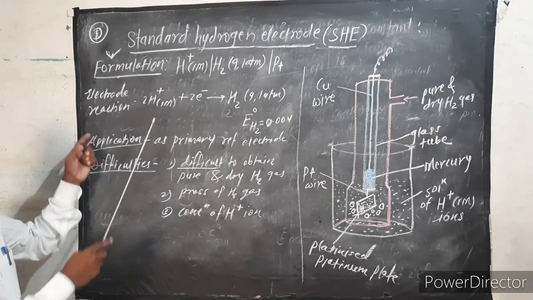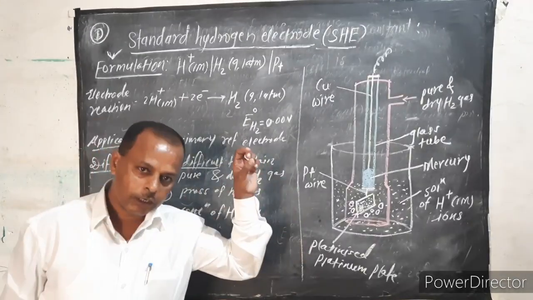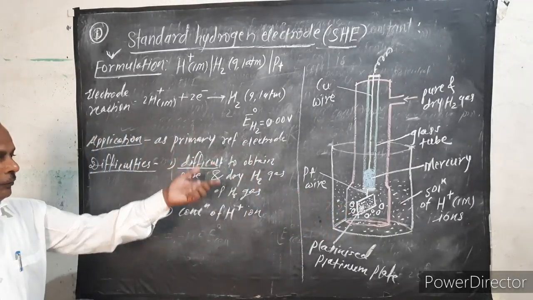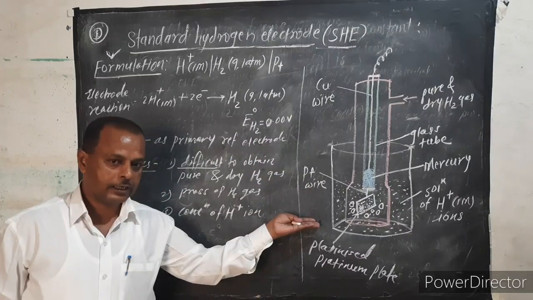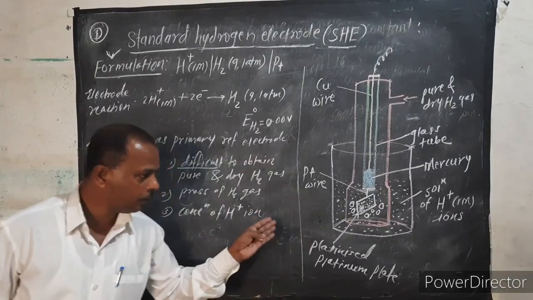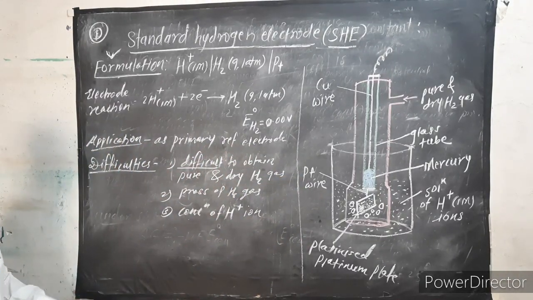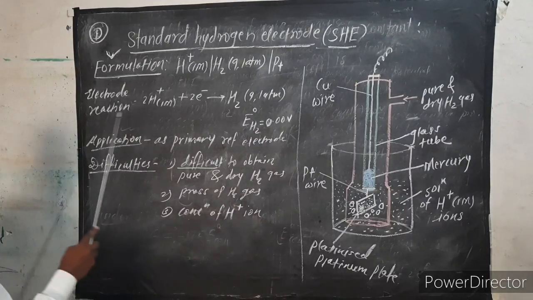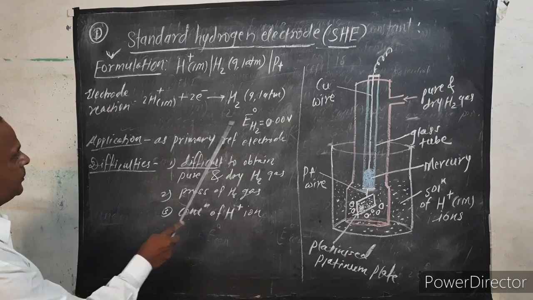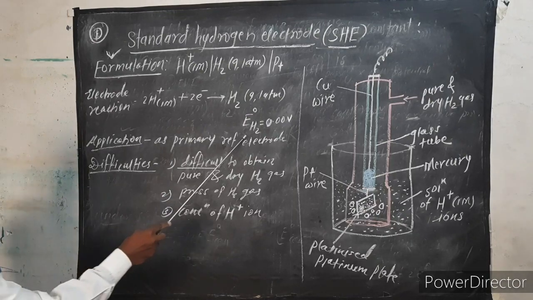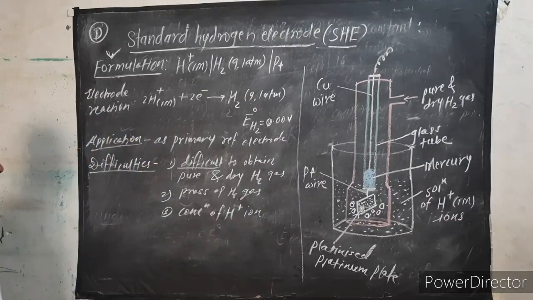Because when you couple the standard hydrogen electrode with another electrode, whether it acts as anode or cathode depends upon the other electrode's condition. So at the cathode, gain of electrons happens, and the standard electrode potential of hydrogen is 0.0 volt.